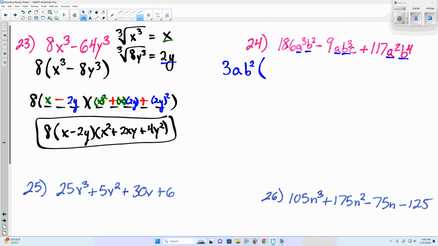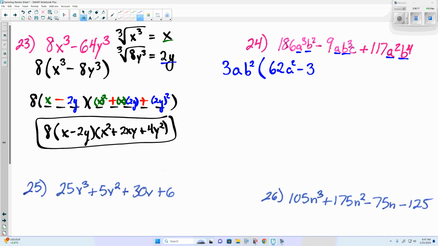And if we remove, now we can remove this out of all three. 3 out of 186 would be 62. We remove an a from a cubed, we have a squared. B term is gone. Minus 3 out of 9, or 3. 9 divided by 3, we factor the 3 out, we have 3.